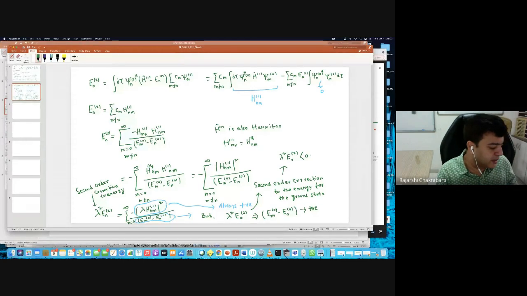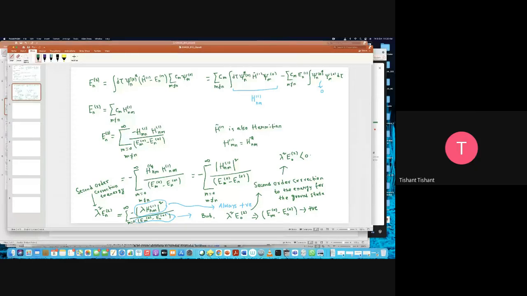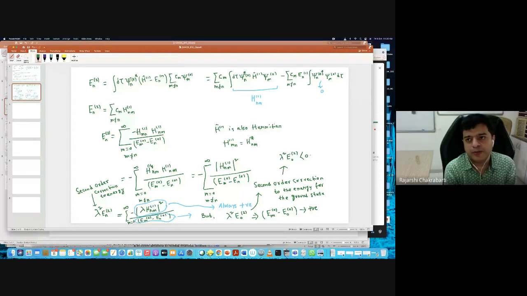Does it ring any bell? The energy will be lower compared to what is expected without perturbation. Can you give me an example?